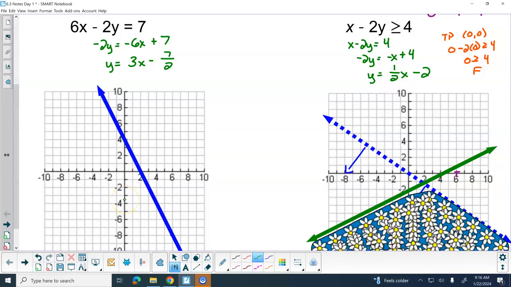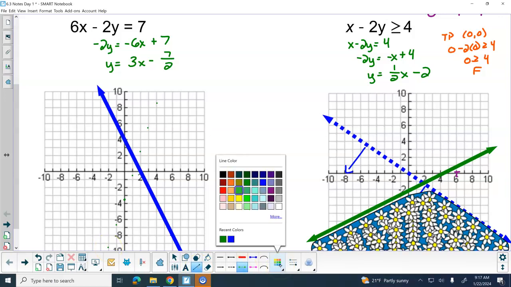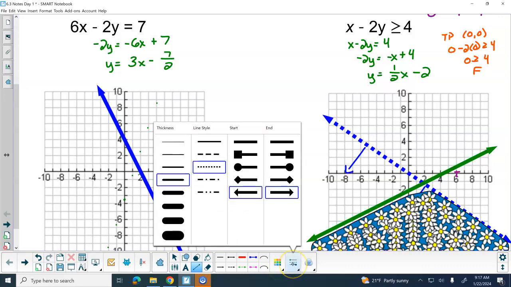And then from there I'm going up 3, right 1, up 3, right 1, and so on, and the same going left 1. You know what I mean? Not nice.